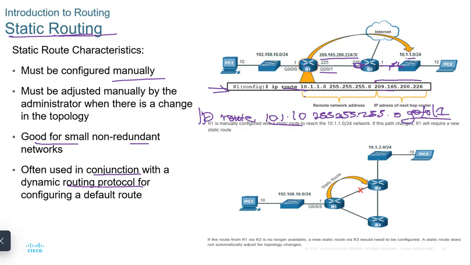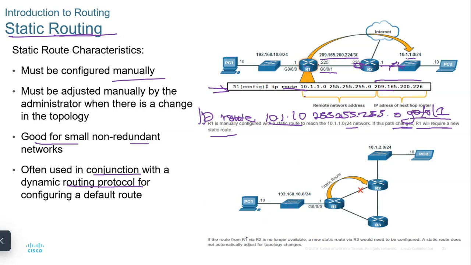So we have another topology. Look at this. Router 1 is manually configured with a static route to reach this. This R1 will require a new static route if this path changes, so we have to create another path to reach the network that we will have added there.